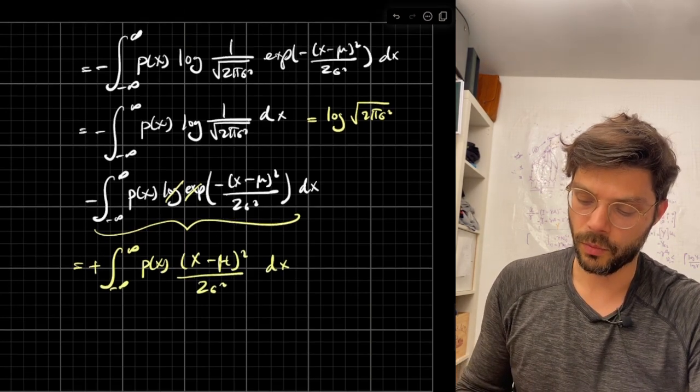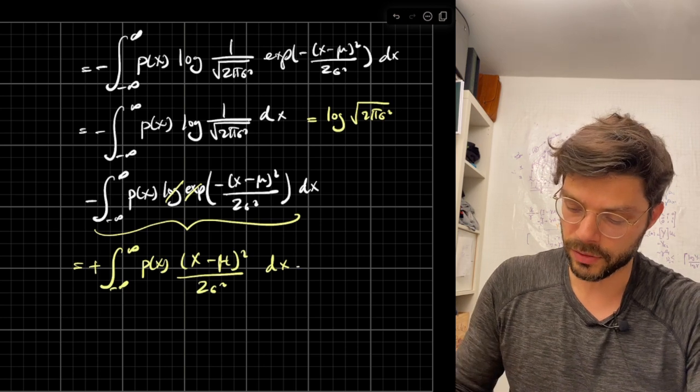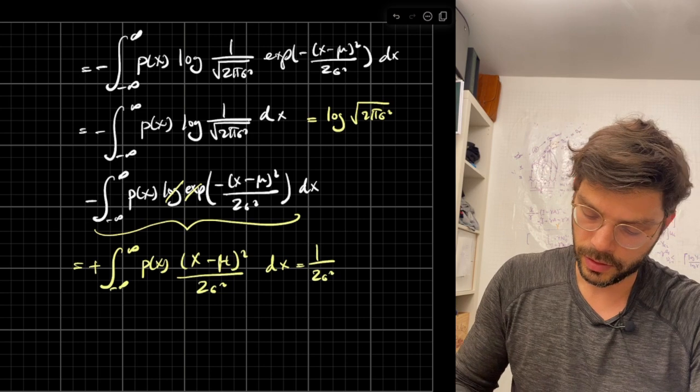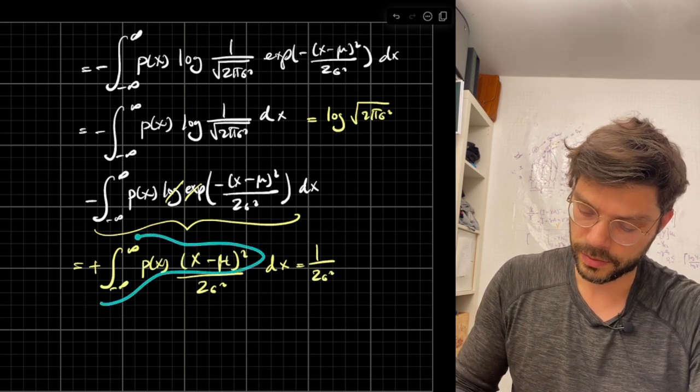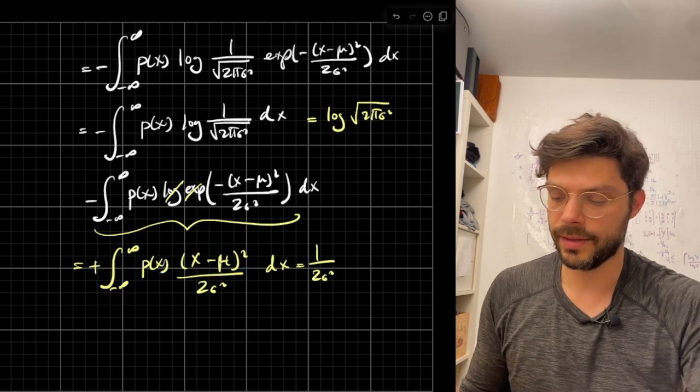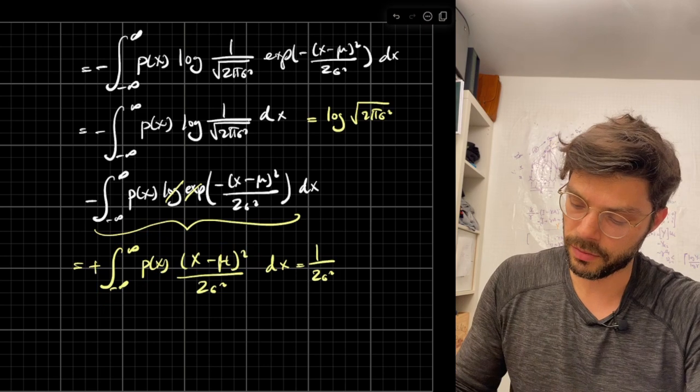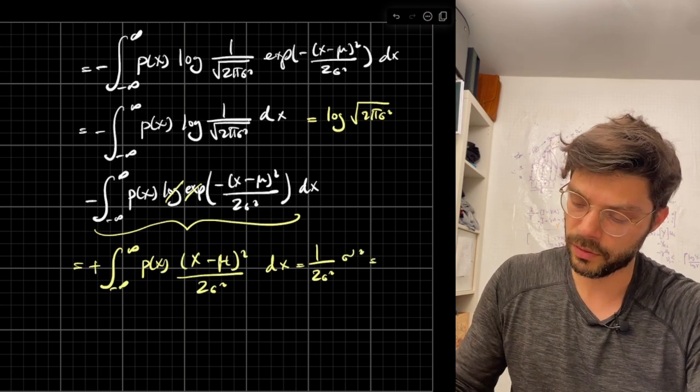Now the 1 over 2 sigma squared comes out, so it's going to equal 1 over 2 sigma squared times this. And what is that? That's just the variance of our distribution, which is sigma squared. So this whole bit is going to come out to being 1 over 2.